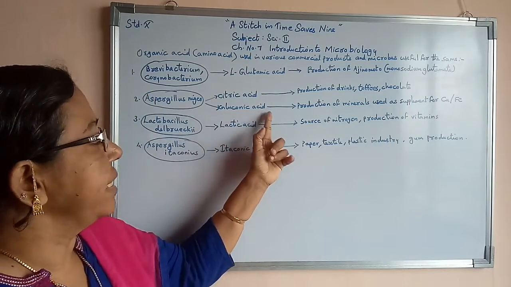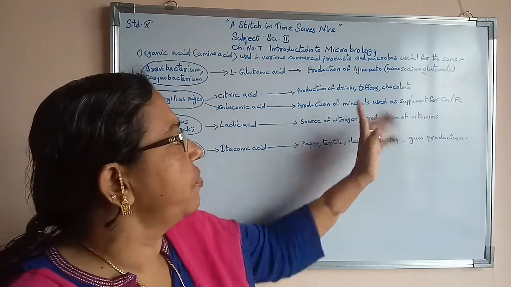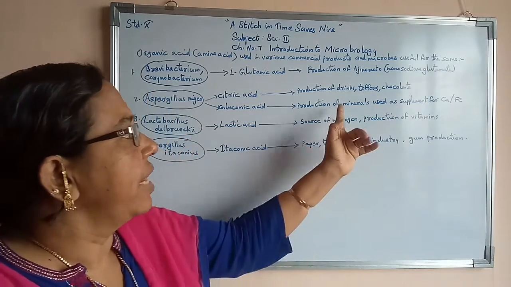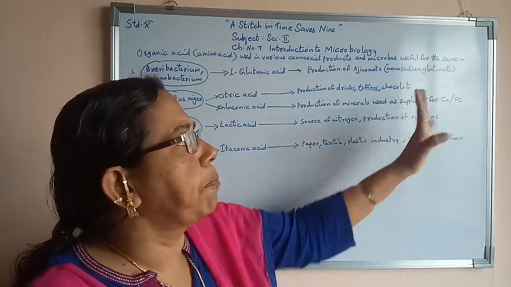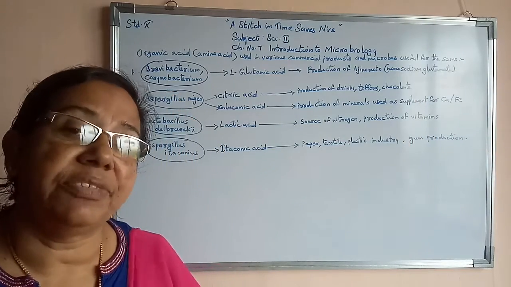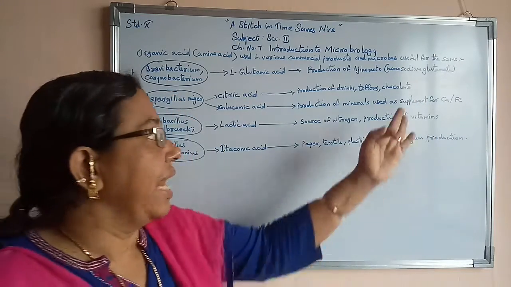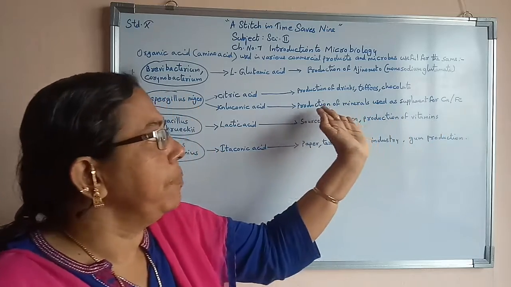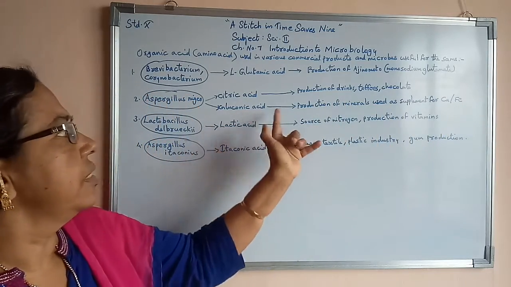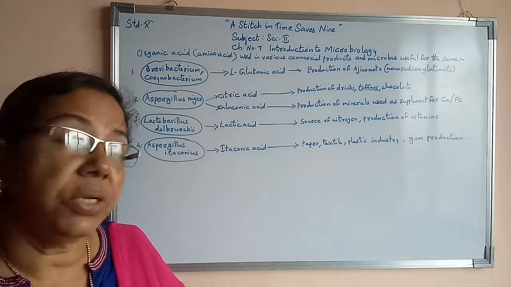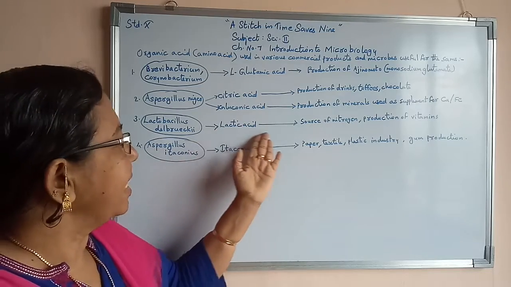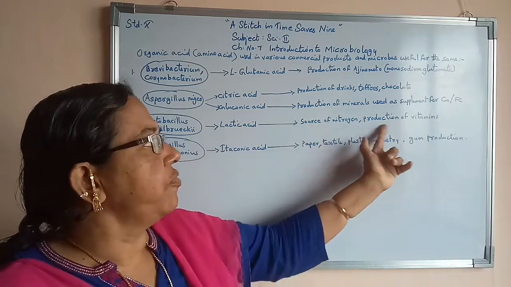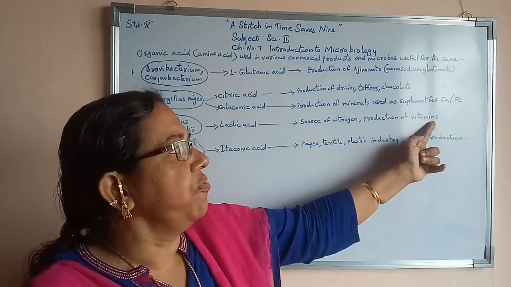Then gluconic acid is utilized for the production of minerals. We can say it is used as a supplement for calcium as well as iron. Calcium as well as iron mineral production, this gluconic acid is used. Lactic acid is used for the production of vitamins.